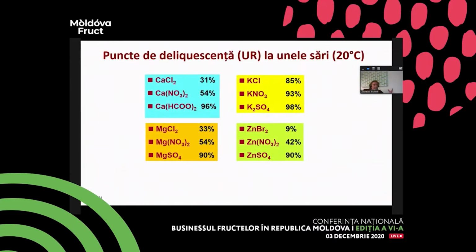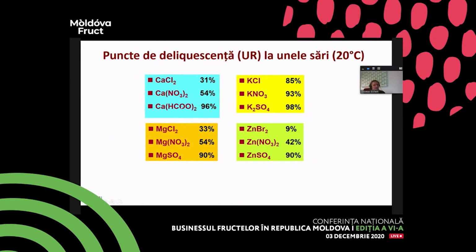How are these deliquescence points? I show you here some examples for calcium salts, for potassium salts, for magnesium salts, for zinc salts. And you can see that the range of deliquescence points may be quite large in the case of the calcium salts. So almost saturation with this formiate.